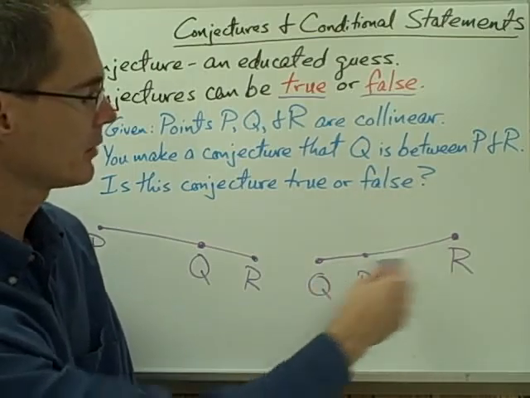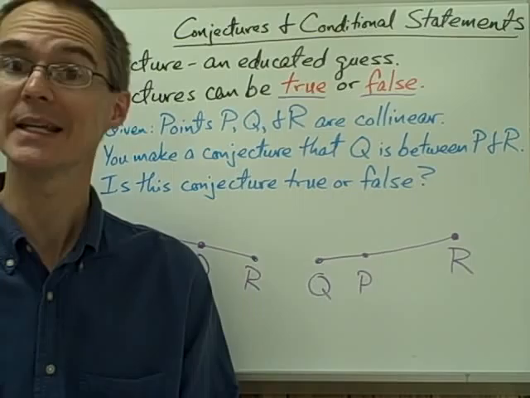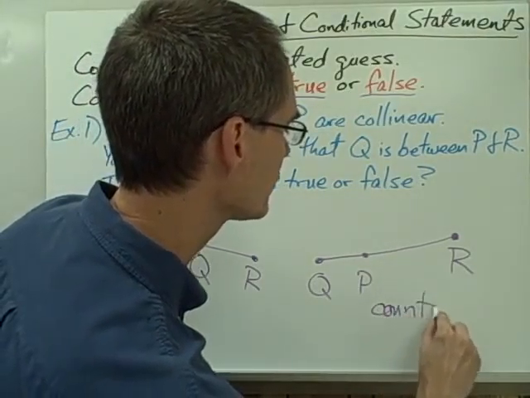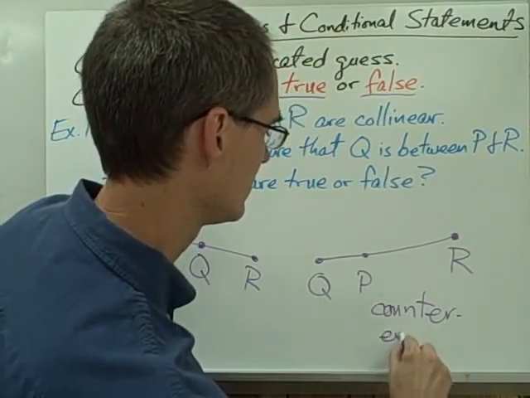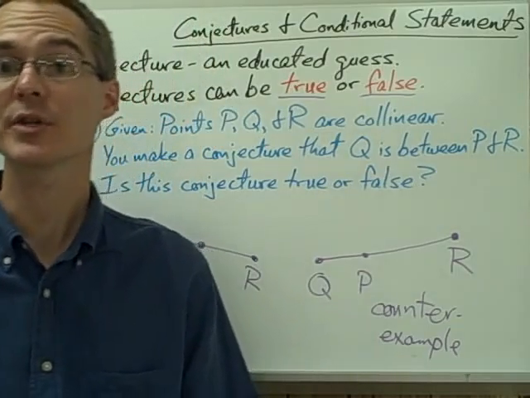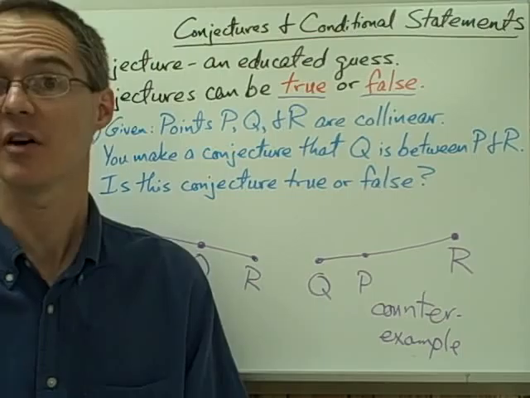Now I have 3 collinear points, P, Q, and R, and yet Q is not between P and R. This is what's called a counterexample. And a counterexample is just an example that shows a conjecture to be false.